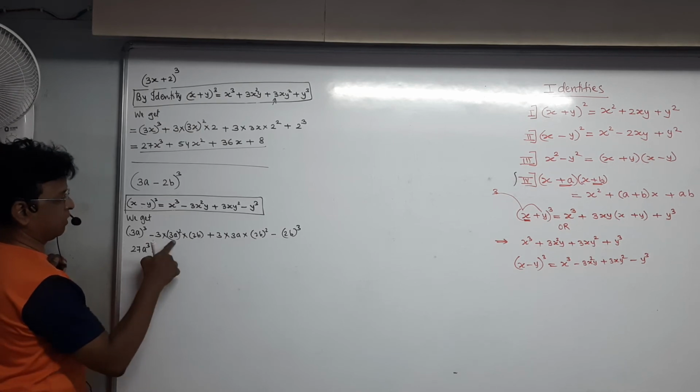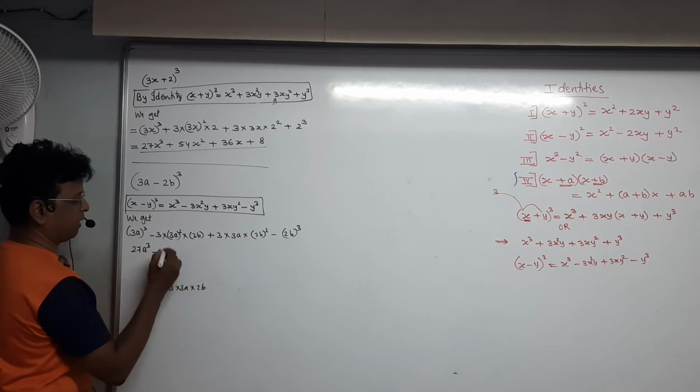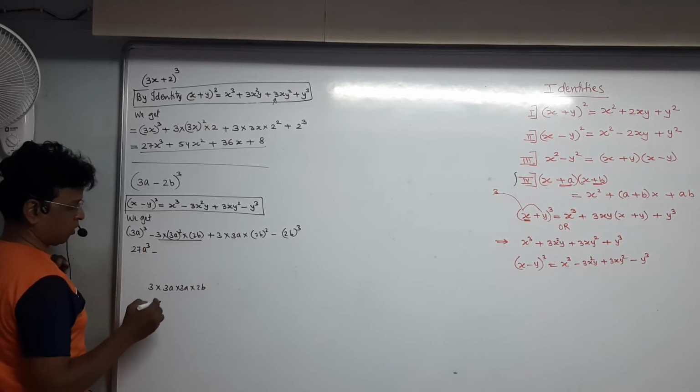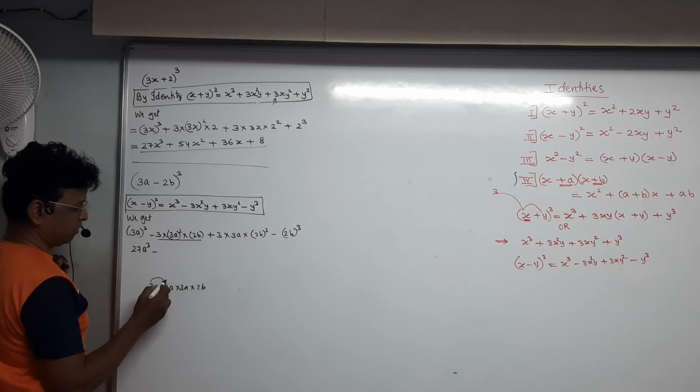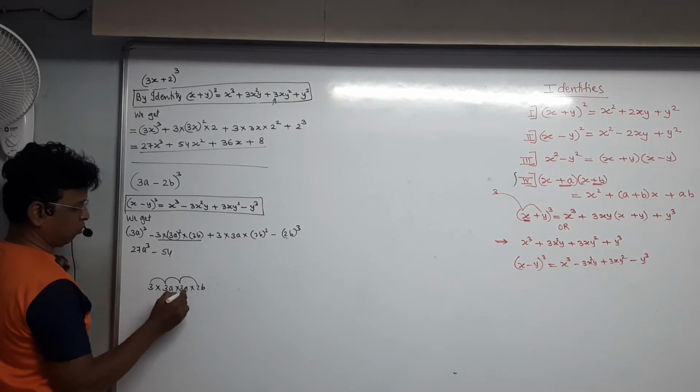Now here you have to multiply everything. 3 into this: 3a square into 2b, right? If I multiply this, 3 3s are 9, 3 9s are 27, 2 27s are 54a square b.